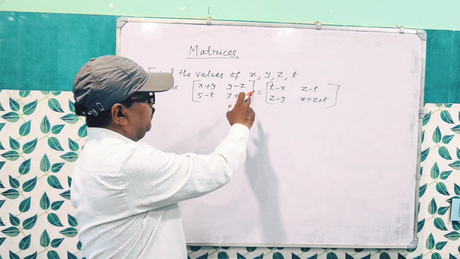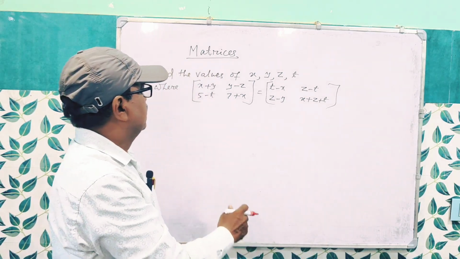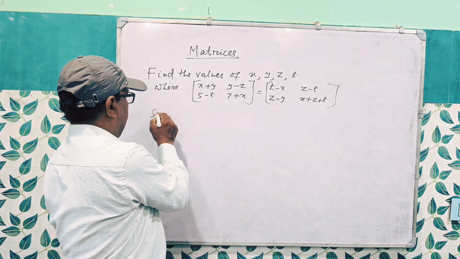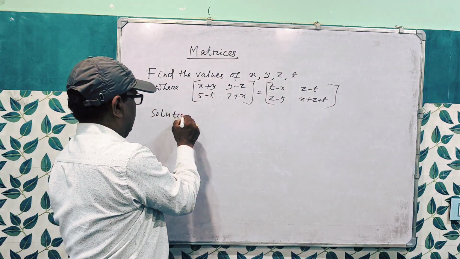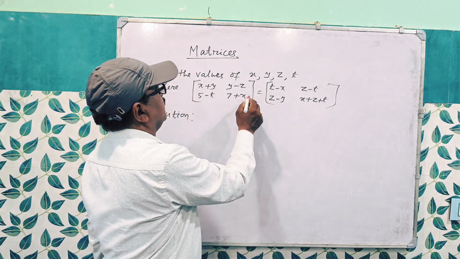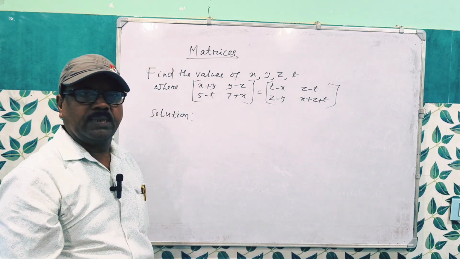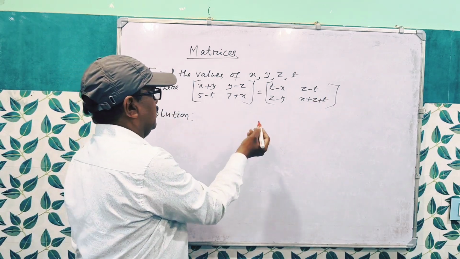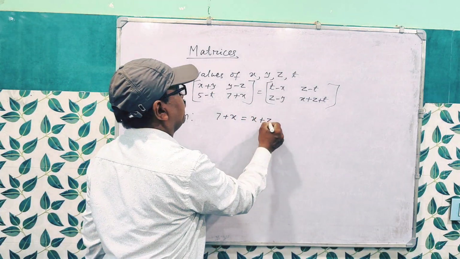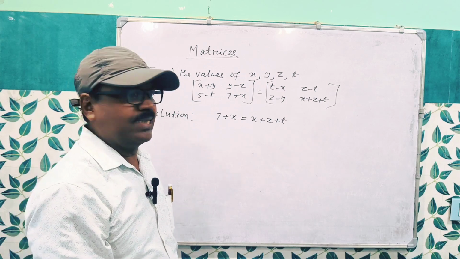We are going to solve by the law of equality of matrices. We will get 7 plus x is equal to x plus z plus t. Clear? 7 plus x is equal to x plus z plus t by the law of equality of matrices.